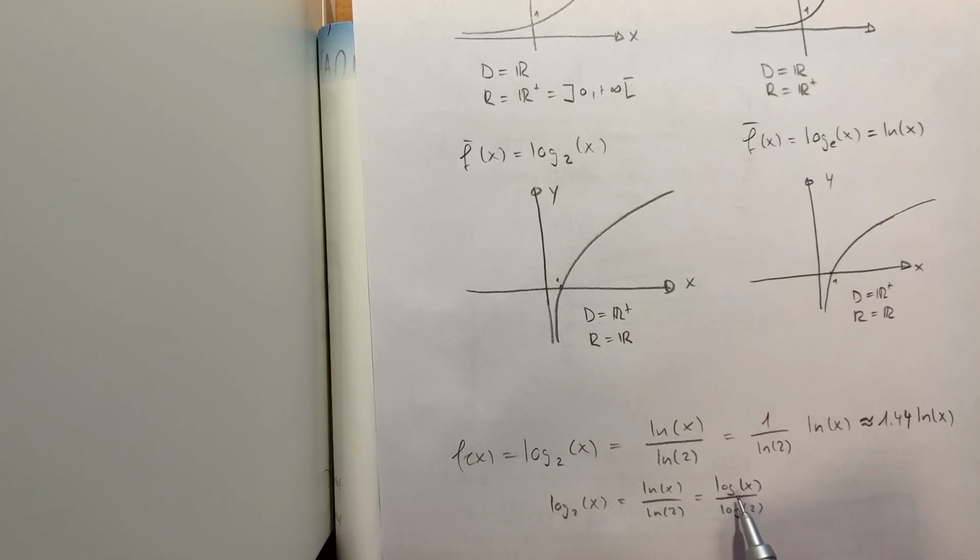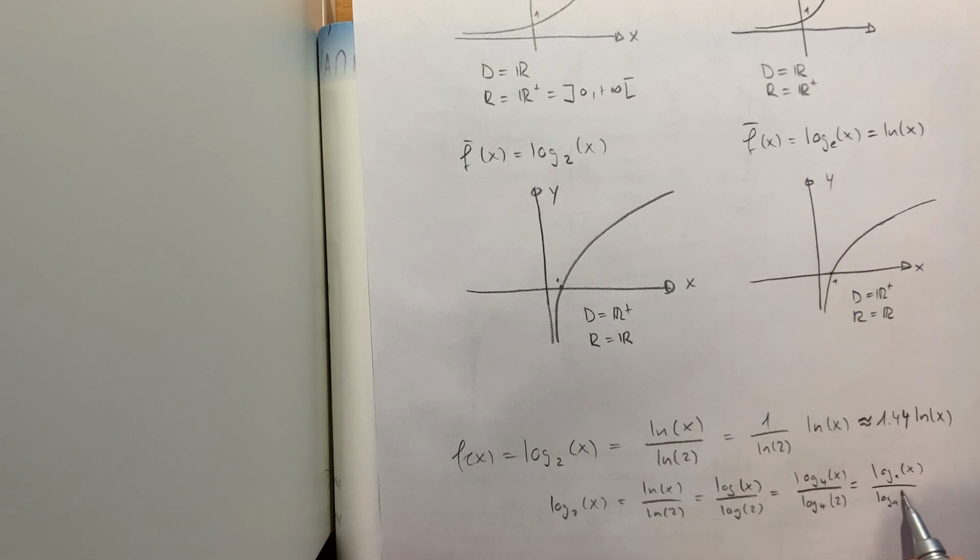This is now the logarithm to the base of 10, or even the log to the base of 4 of x over log to the base of 4 of 2. So you could use this change of base rule, or even log to the base of a certain a of x divided by log to the base of a of 2. So it doesn't matter. That's how you change the base.